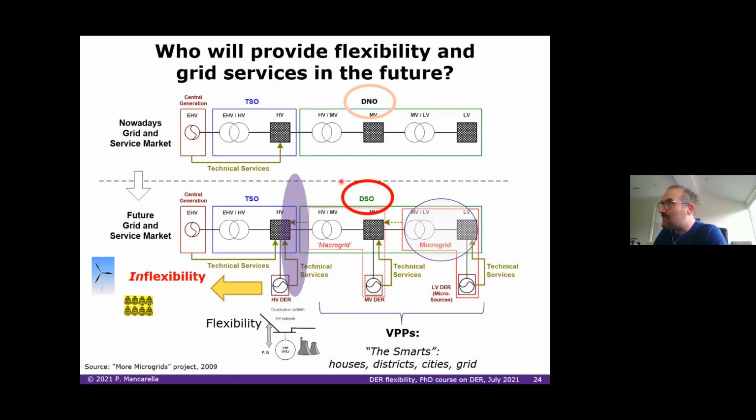Now you need this DSO at the distribution level, because you need to balance the system locally. Otherwise, you can't, first of all, ensure the integrity of distribution networks, as Nando was showing on day 3.